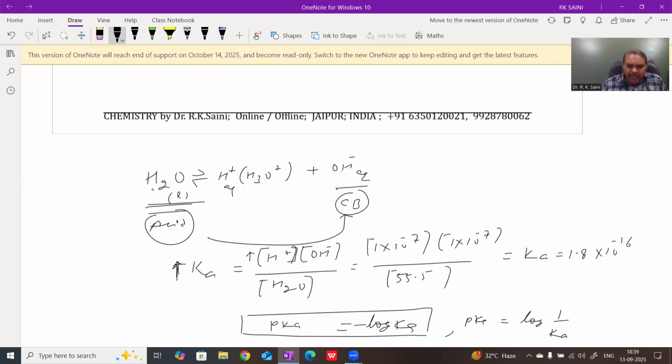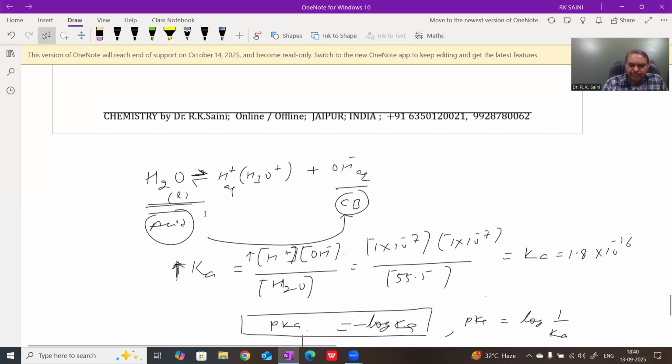Higher value of Ka indicates concentration of ionic species is more than their undissociated form, means ionization is high, and the higher value of Ka means more acidic, and a low value of pKa is also more acidic because they are inversely proportional to each other.